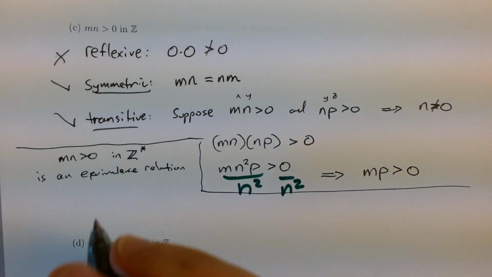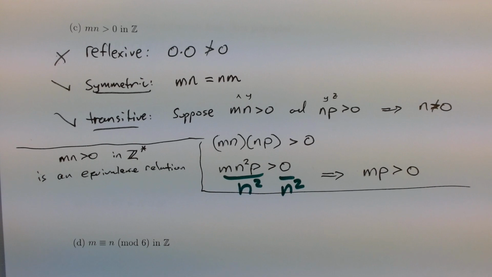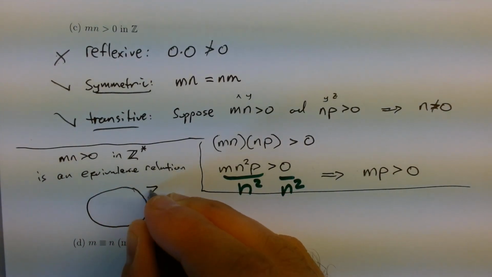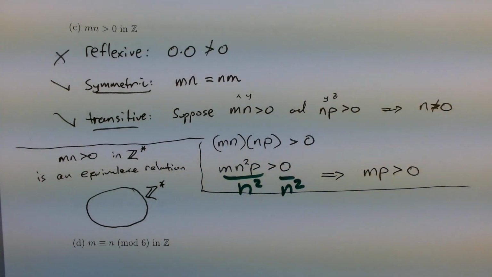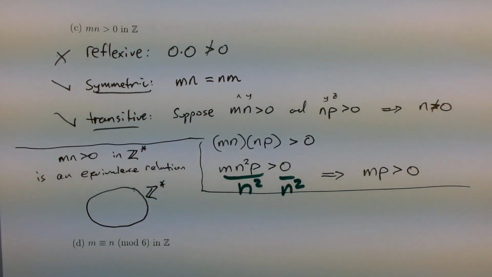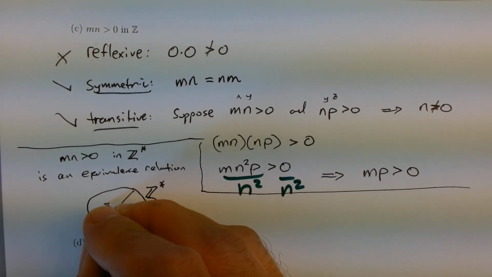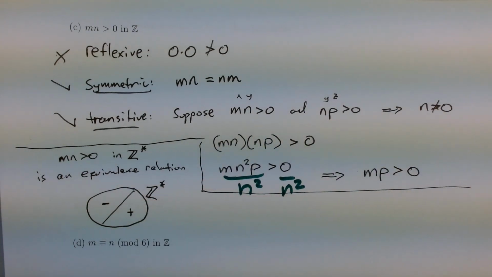And so that means it should partition the domain, Z star, into what we call equivalence classes. So I should be able to partition Z star into subsets where every element in each of the subsets is related to each other. Here it just splits it into two subsets: the negative numbers and the positive numbers.